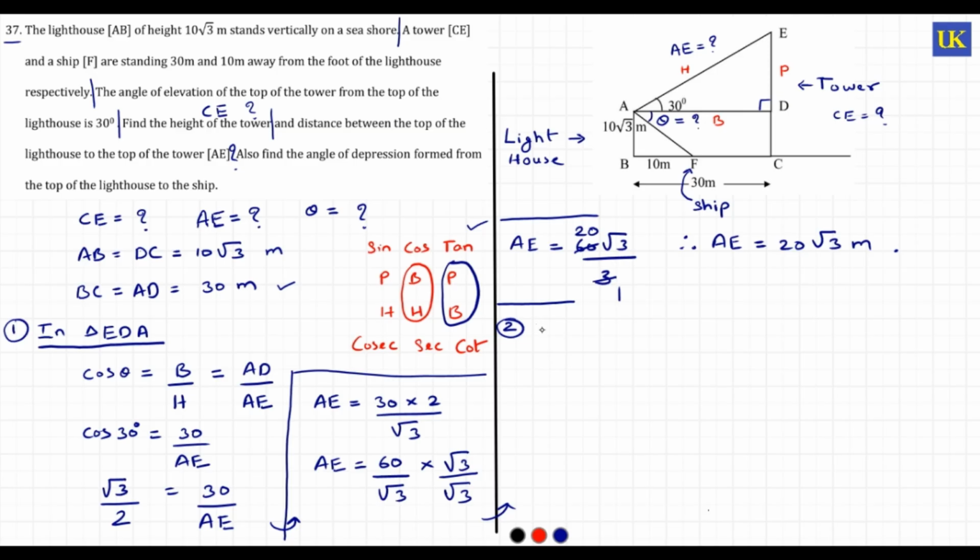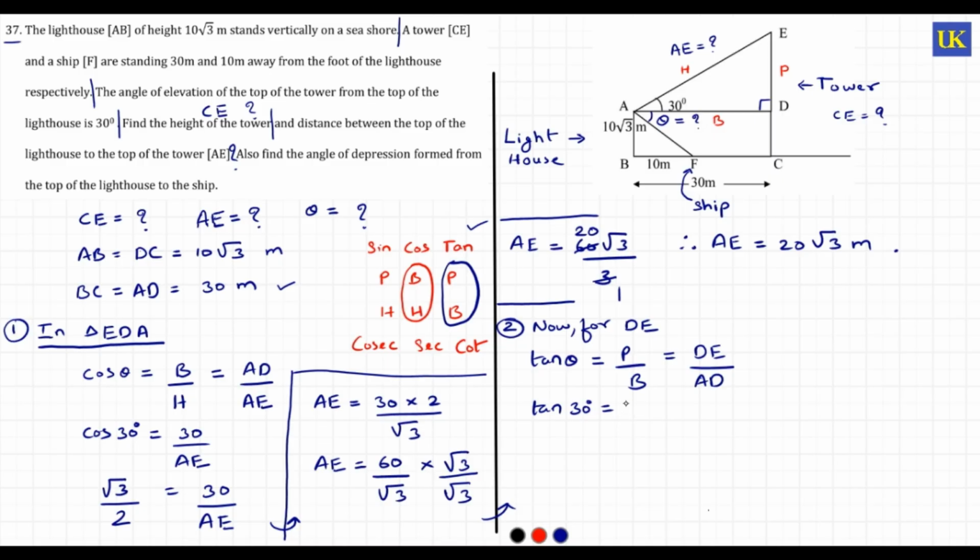Now for DE, we'll use tan theta, and the tan formula is what? Perpendicular upon base. Perpendicular is DE or ED, whatever you can say, and base is AD, right? And tan theta is how much? Tan theta is again 30 degrees. They have given it in the question itself.